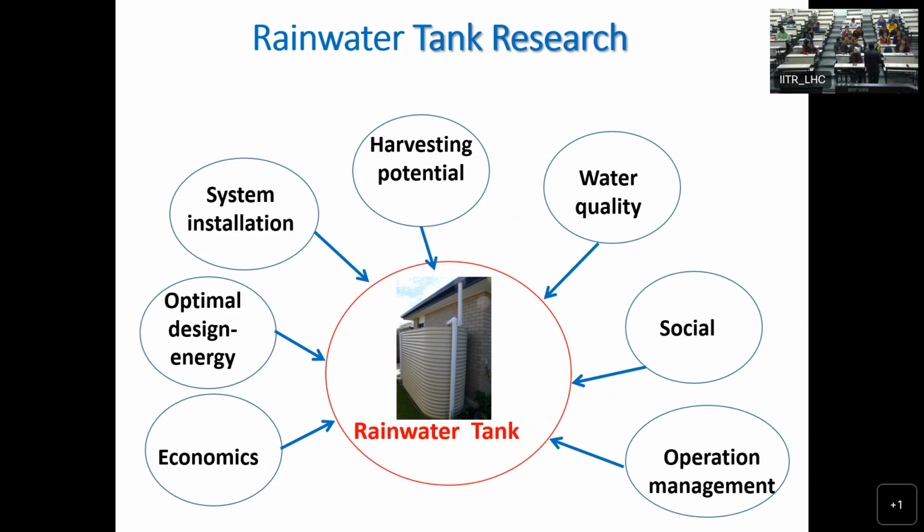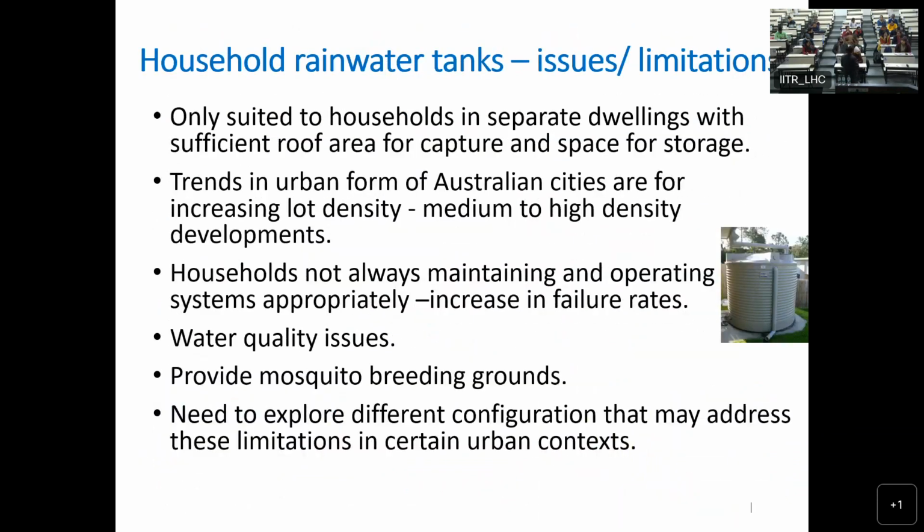Abnormally large, and we are not able to accommodate it in the plot also. Because for example, in small plots the side setbacks are very small, so you will not be able to locate the tank itself. Otherwise, like water tanks, you have to construct the tank as a staging and then house it.